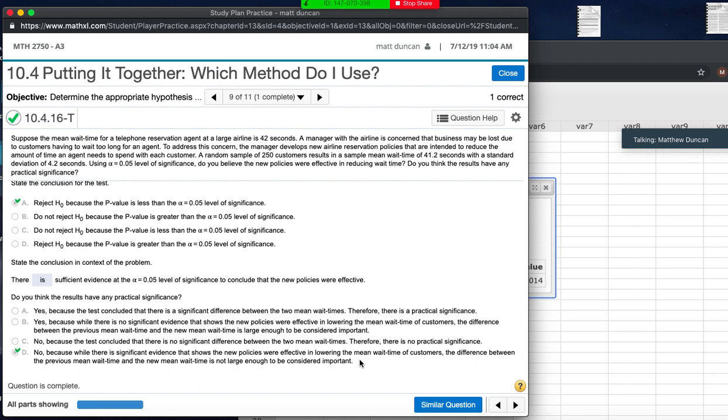So I would be okay with A there, that there is a practical difference, especially if seconds cost money, then we just saved one of them. Yep, good with that.